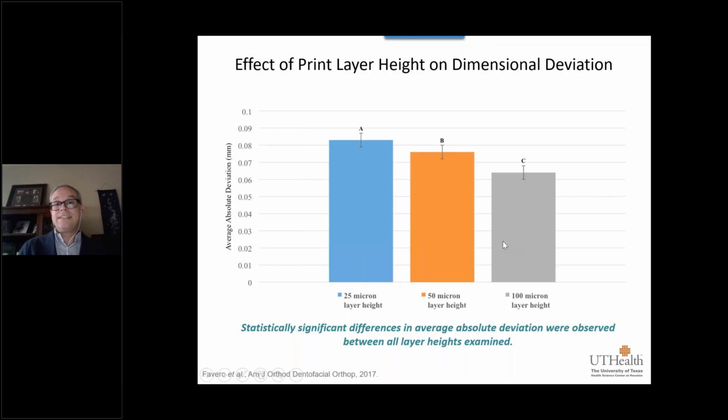We found statistically significant differences, with the thinner layer heights presenting significantly greater dimensional deviation in absolute terms, on the order of about 85 microns, with the 100 micron layer height presenting statistically significantly less dimensional deviation, on the order of about 65 microns, which was the opposite trend of what we were anticipating.